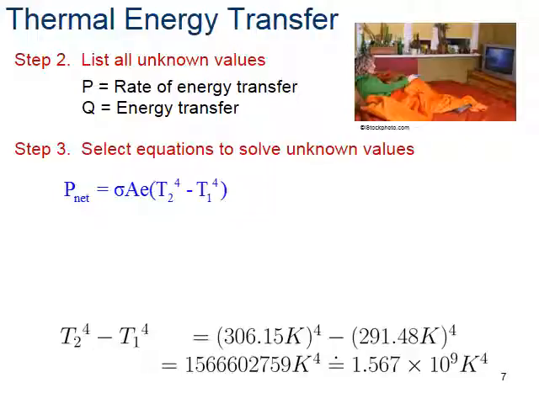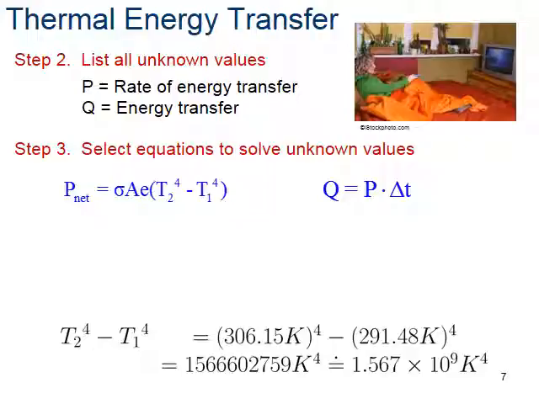But we can use Stefan's law. And we also can use Q equals P times delta time. That's just rearranged from an earlier presentation where we said P was equal to Q divided by delta T. It's the same equation, it's just rearranged differently.